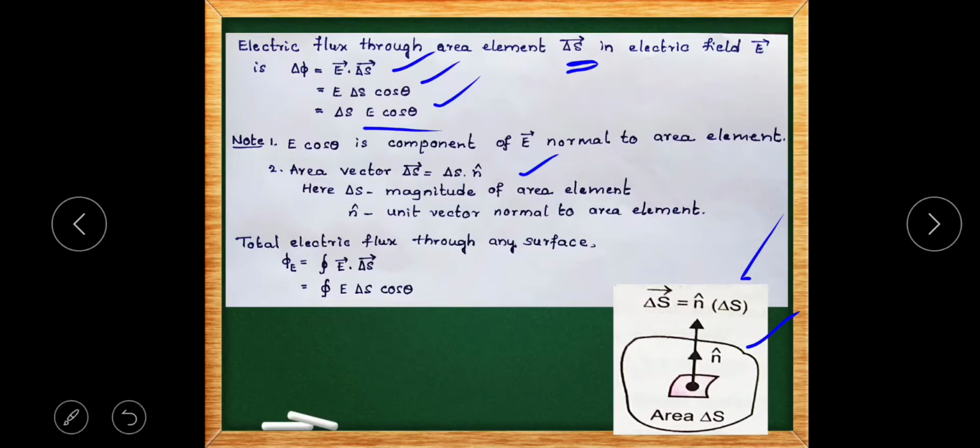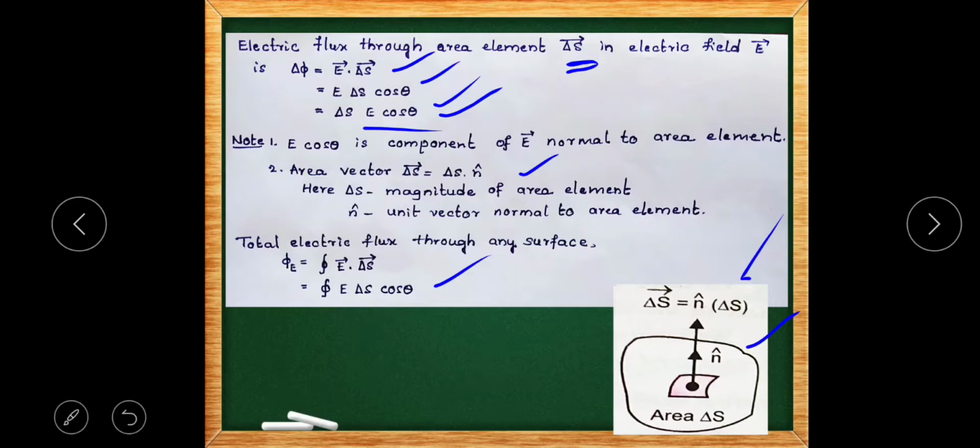Now, total electric flux through any surface. This is the expression for electric flux through a small area element, and this is the total electric flux through the whole surface. Then phi E equals the surface integral over the closed surface of vector E dot vector delta S, equal to E dS cos theta.